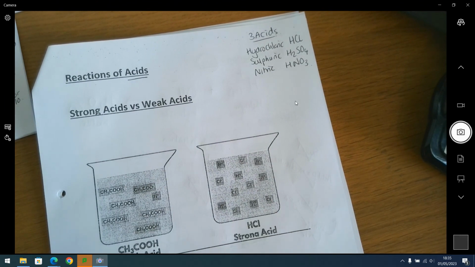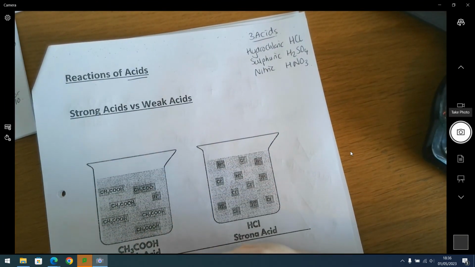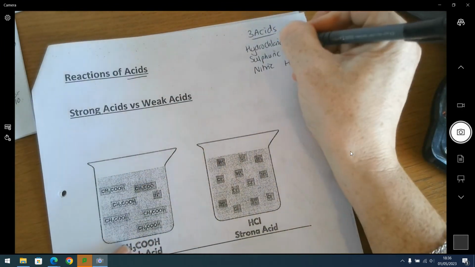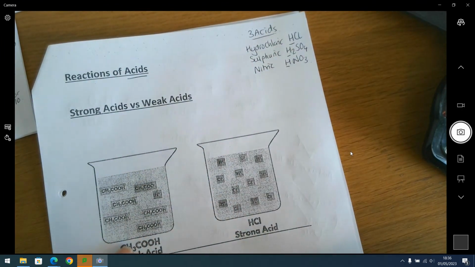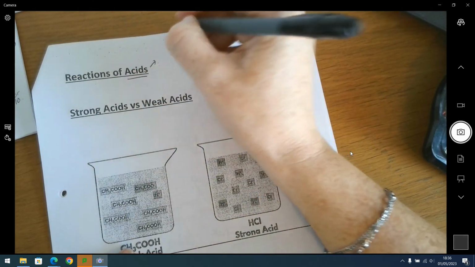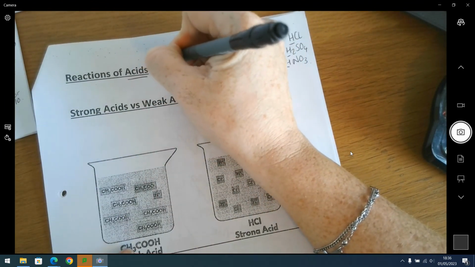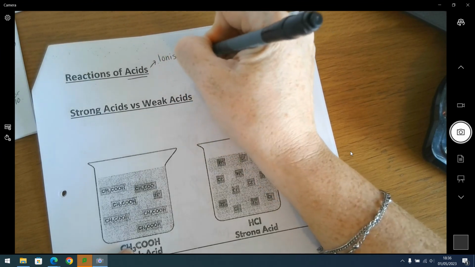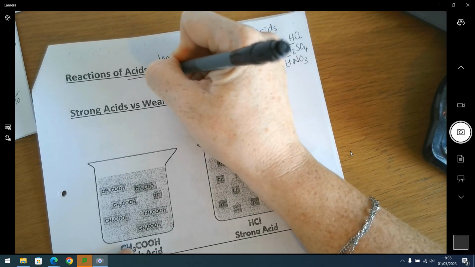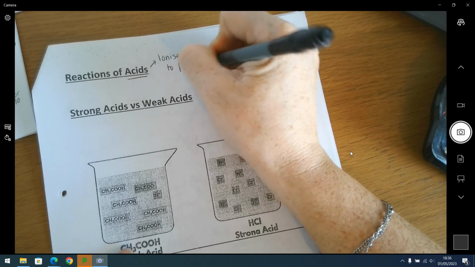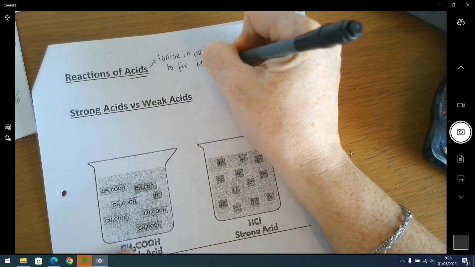And what I'm hoping you can see is that they've all got one element in common, and that is indeed hydrogen. So essentially what makes something an acid is that when you add it to water, it will ionize in water to form our H+ ions.